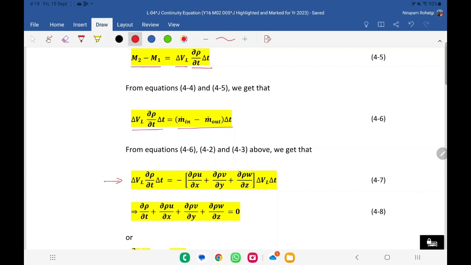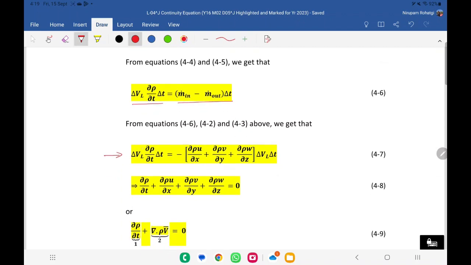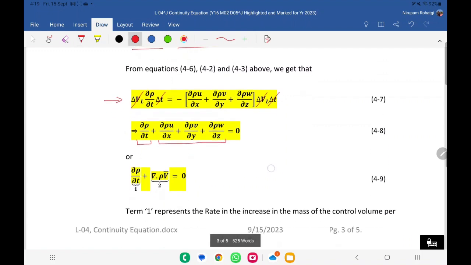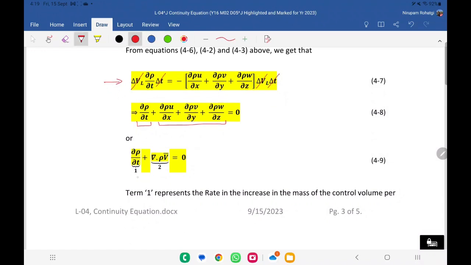So this is the equation which you get, and what we do is we cut out volume and delta t from both sides. So you get this equation finally, del rho by del t and these three terms. If you want to put it briefly, it is like this.